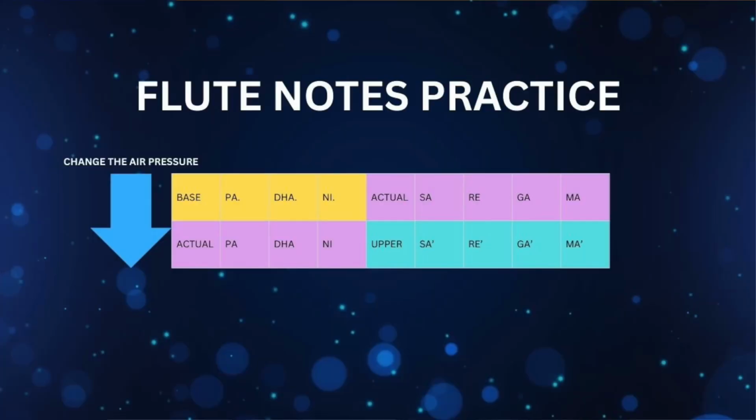So we have covered all the octaves, but the flute is a very easy instrument. So how to play the upper notes, how to easily shift to pa dha ni sa, you have observed.